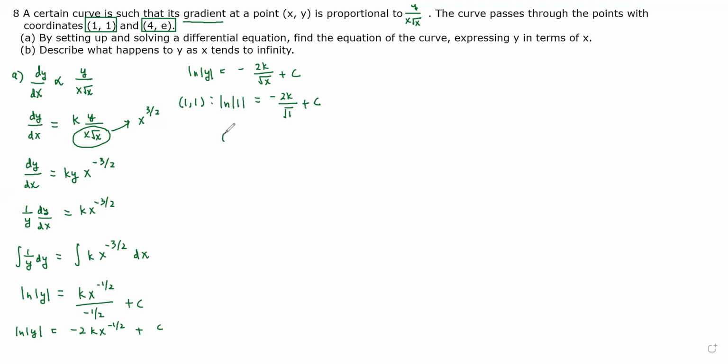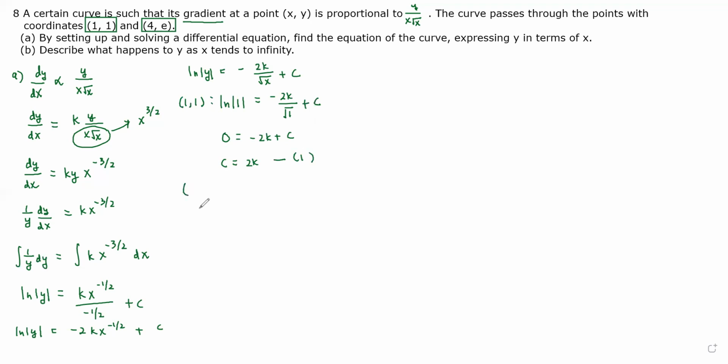Ln 1 is 0, and we have 0 equals negative 2k plus c, or c is 2k. That is the first equation.